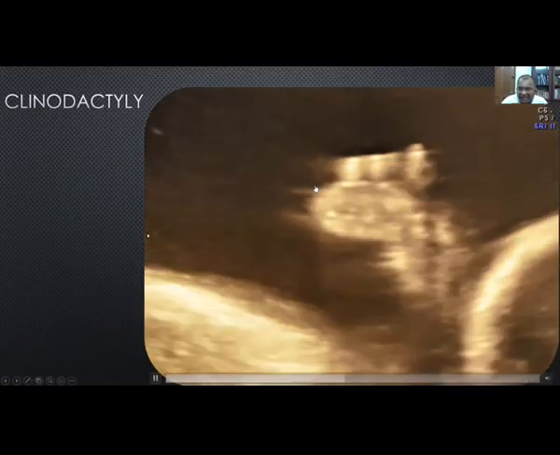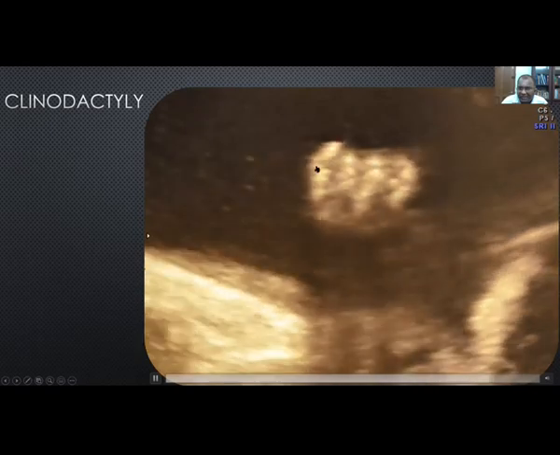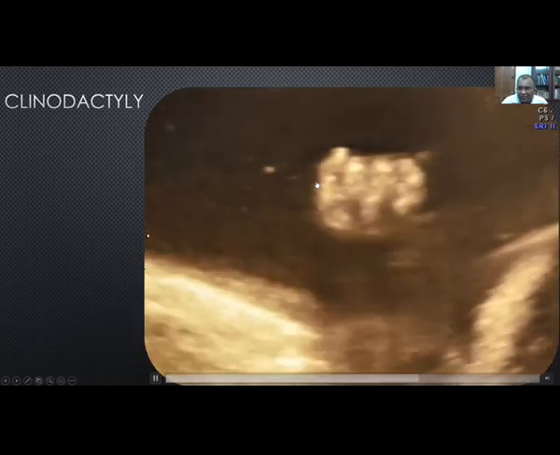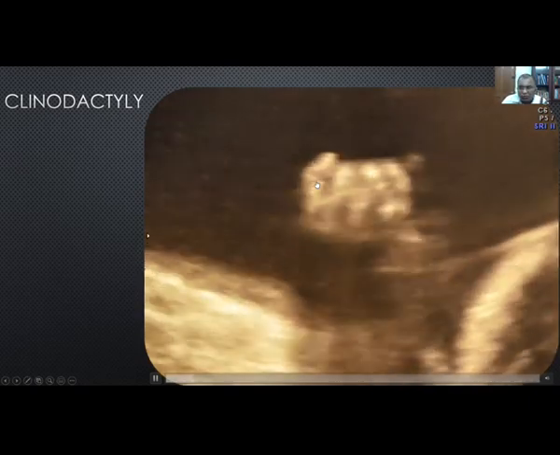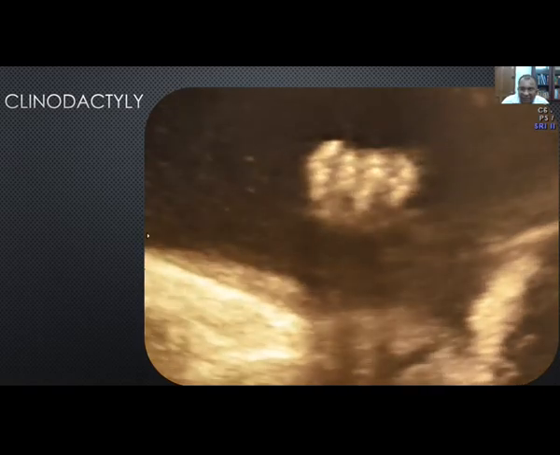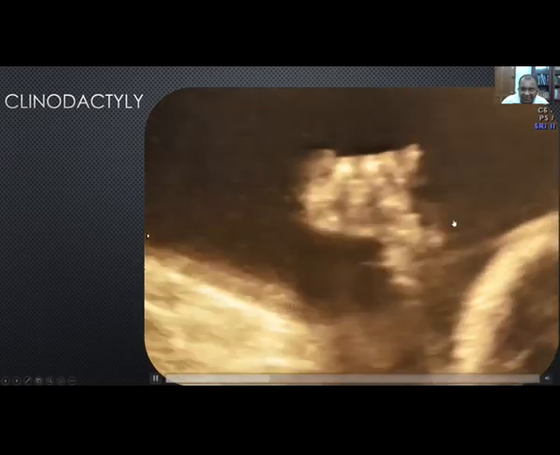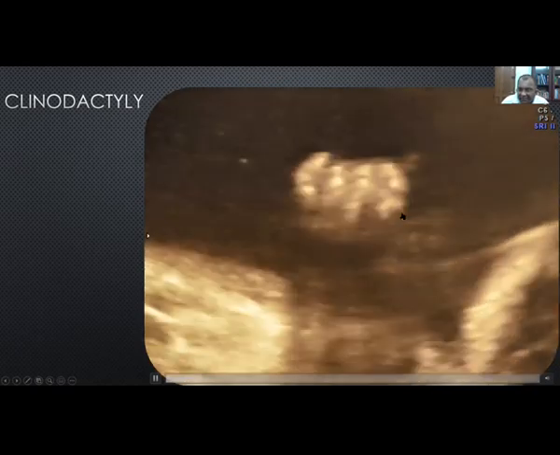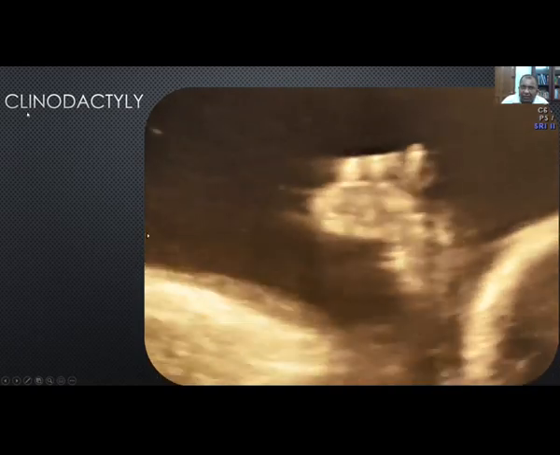Clinodactyly, radial deviation of the distal portion of the fifth digit. 2 to 4% of normal individuals can have it. 60% of Down syndrome babies have it. 2 to 4% of euploid fetuses and 60% of Down fetuses have clinodactyly.